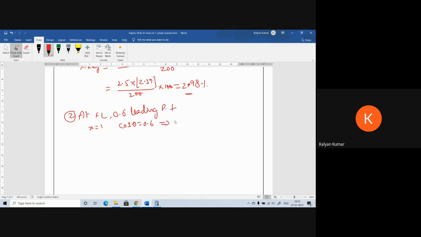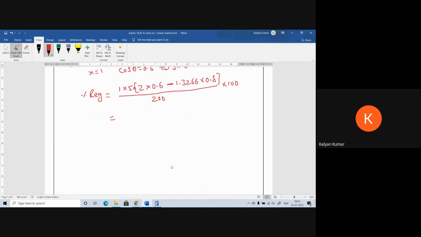When cos theta equals 0.6, sin theta will become 0.8. Now, if you find the regulation in this case, x will be 1, I2 will be 5, and R02 is 2 into 0.6. As it is a leading power factor, we need to use minus 1.3266, which is X02, and sin theta is 0.8, divided by 200 into 100.